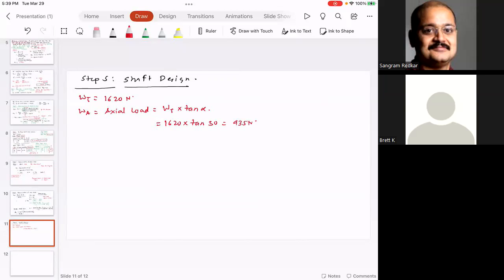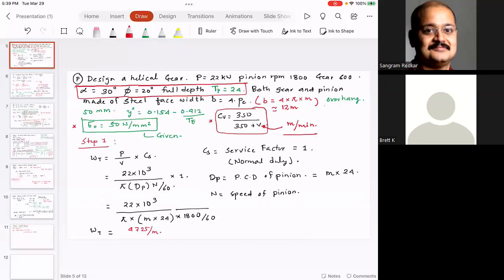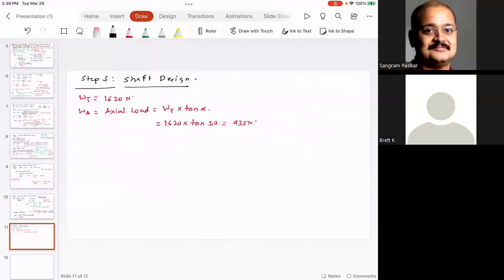Now in this particular problem, it says overhang. So the gear has an overhang of 50 millimeter. What that means is this gear is like this.